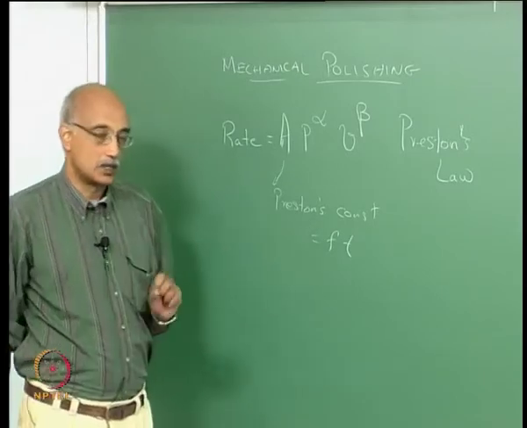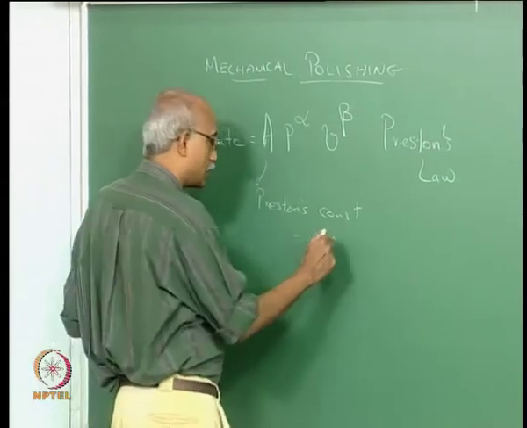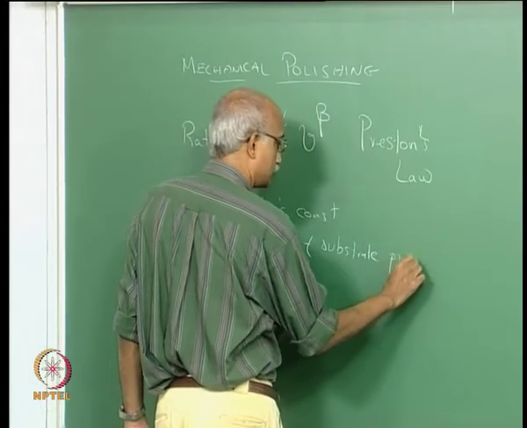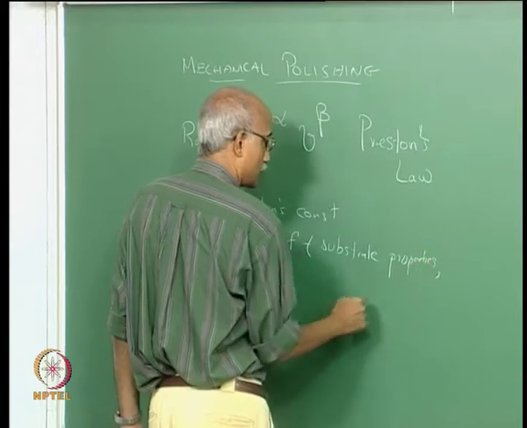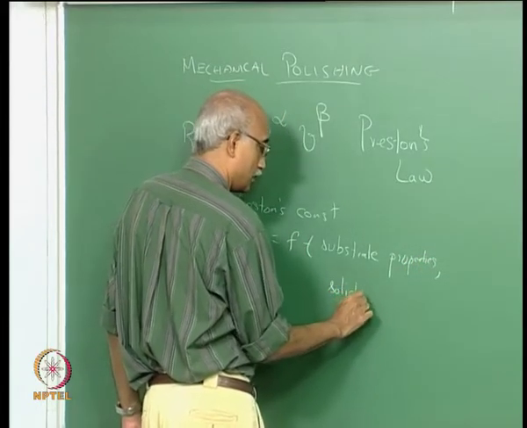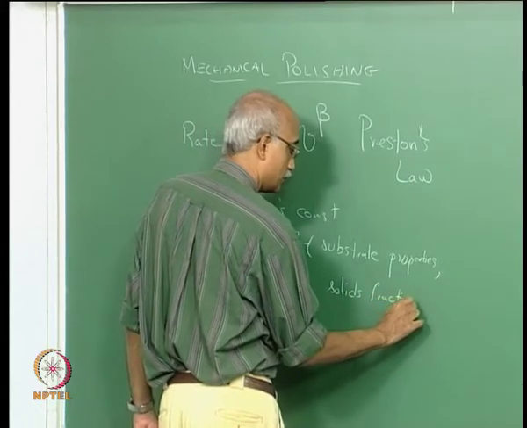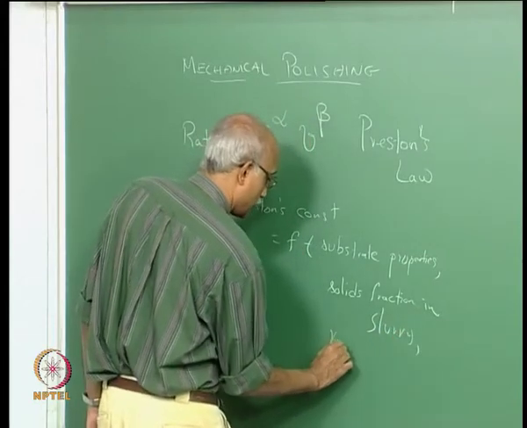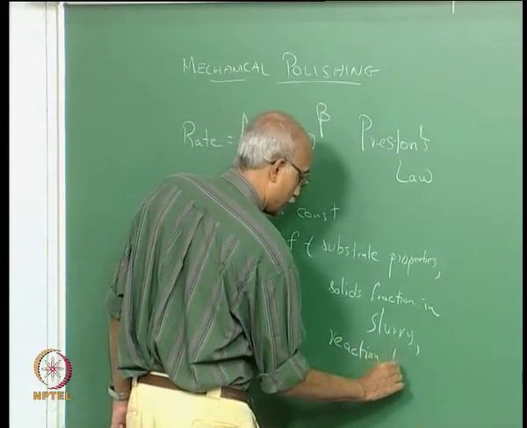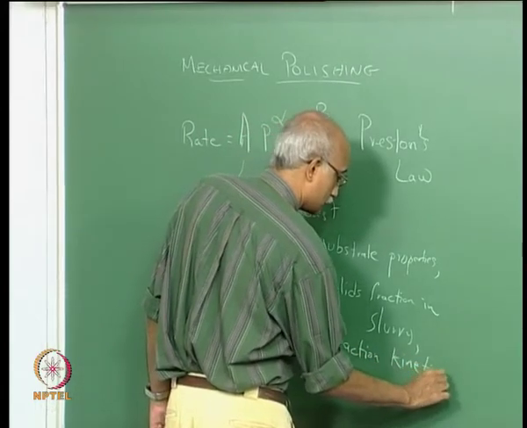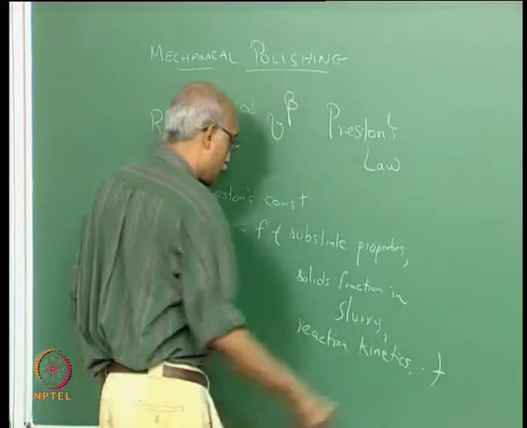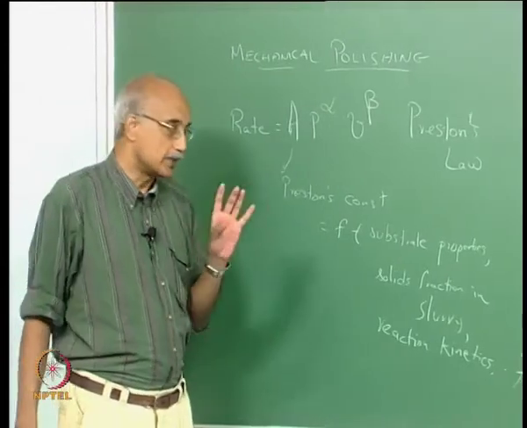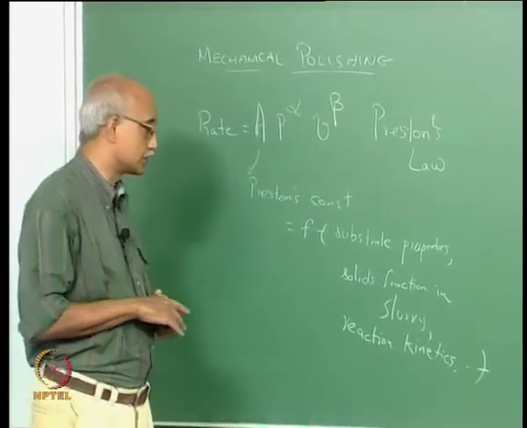This constant, on the other hand, includes descriptions of the substrate being polished, substrate properties, the solids fraction in the polishing slurry, and reaction kinetics, and so on. So, this constant actually incorporates all the descriptions that are specific to the system under consideration.